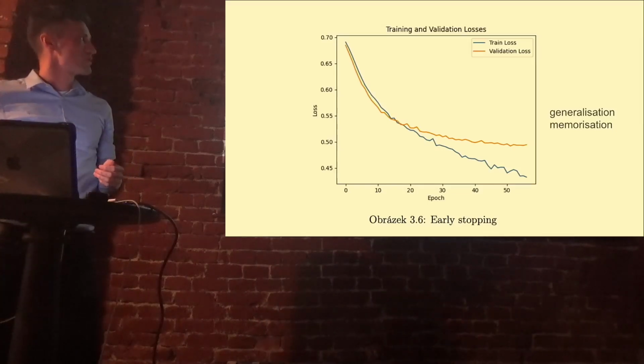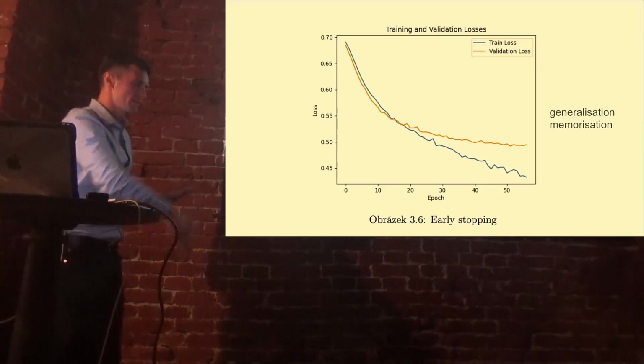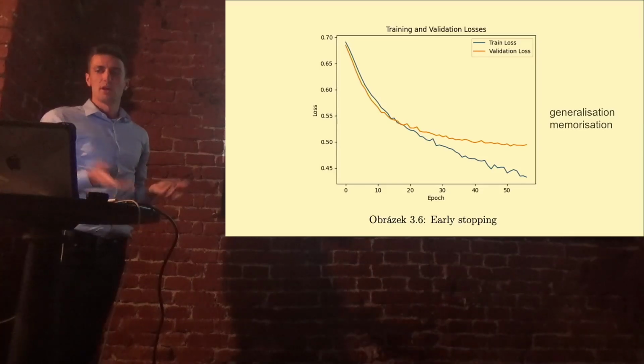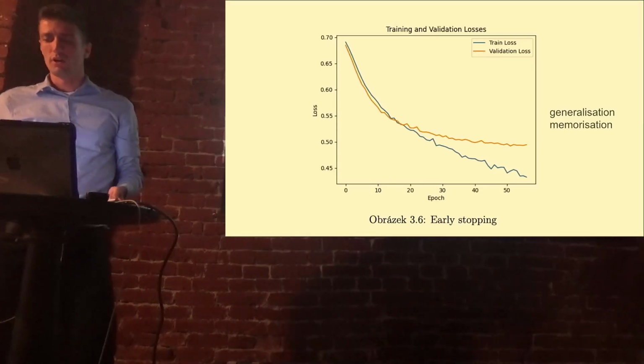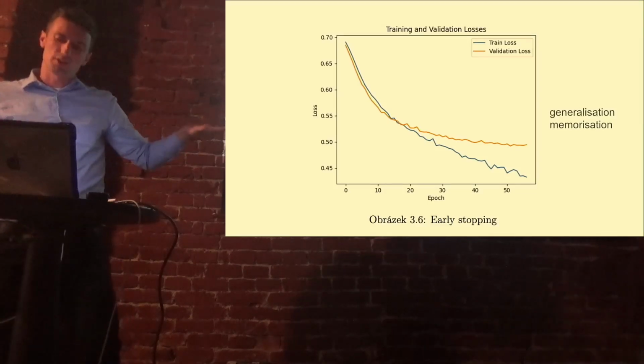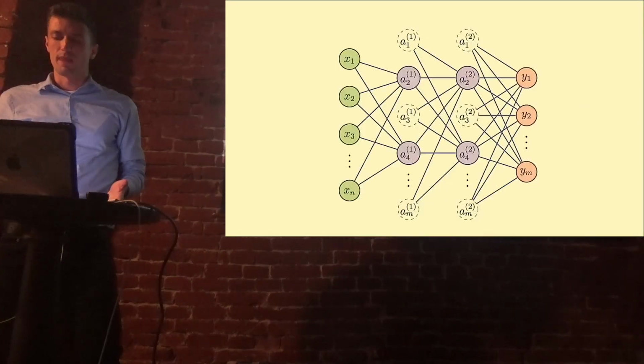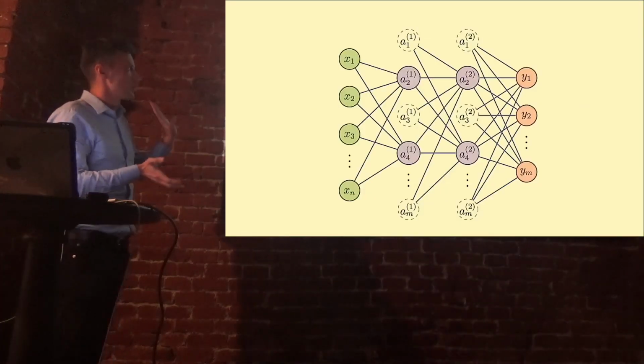It's called early stopping. You have to cut the training at the point when it brings no more generalization, because it becomes memorization of the training data.